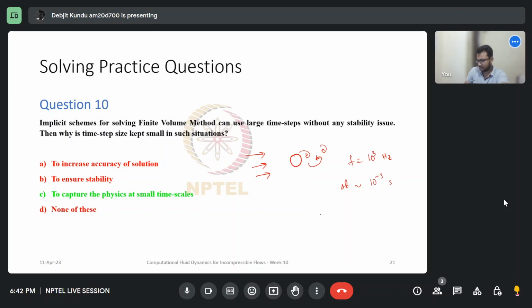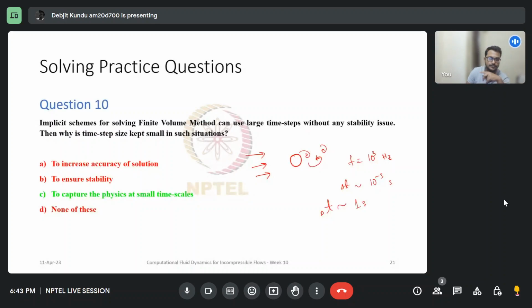So now, even in this situation, if I include an implicit scheme for solving finite volume method and take a time step size of, let's say, 1 second, I will get correct solutions at each time step. But would that represent the actual physics that is going on?